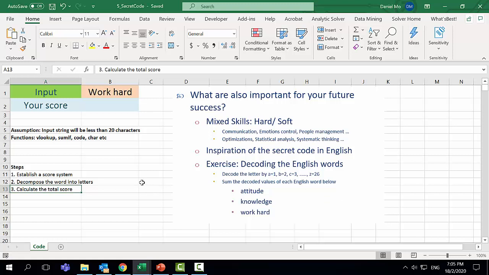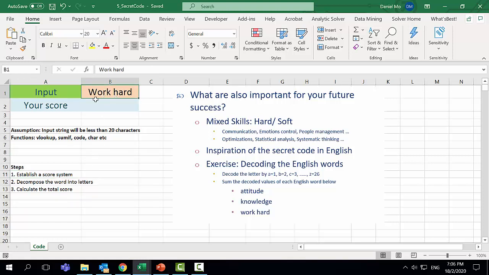To achieve that, basically, we need 3 steps. The first step is to establish a score system such that we can have the linkage between a letter and the corresponding score. Then the second step is to decompose those words, like the word heart, into a set of letters.